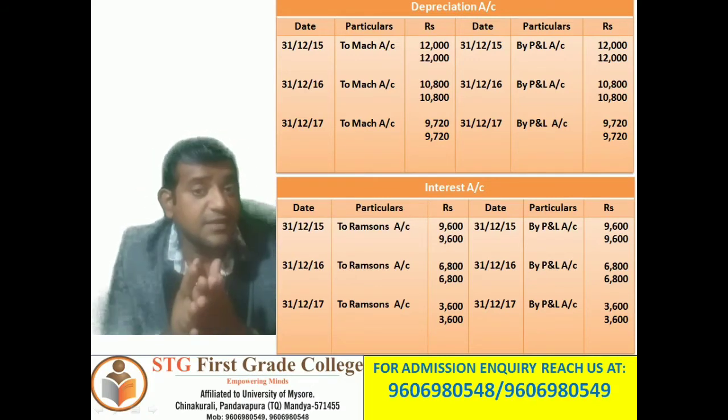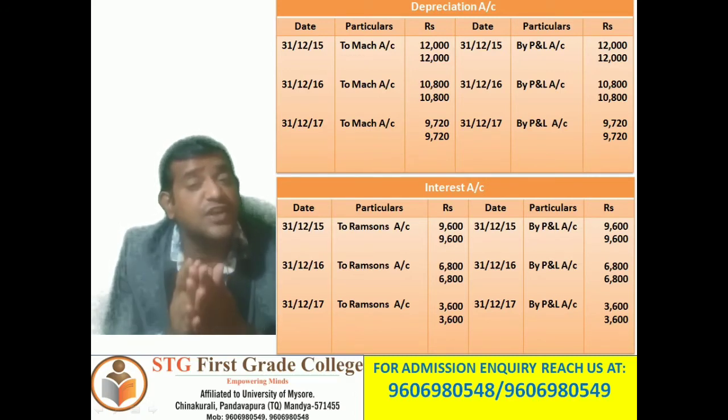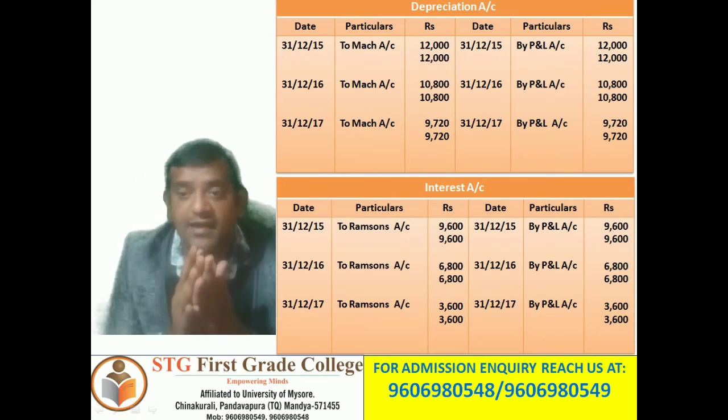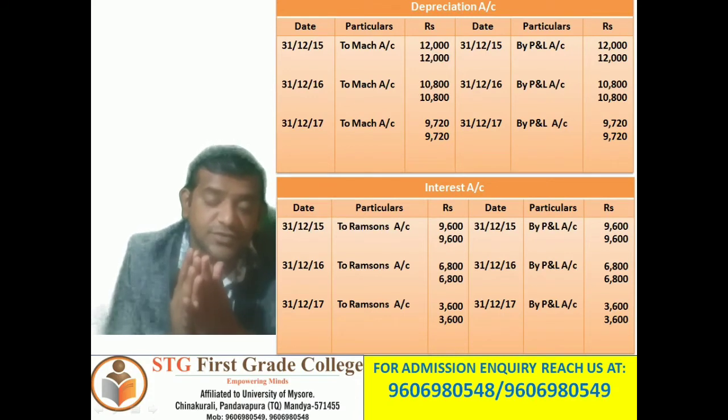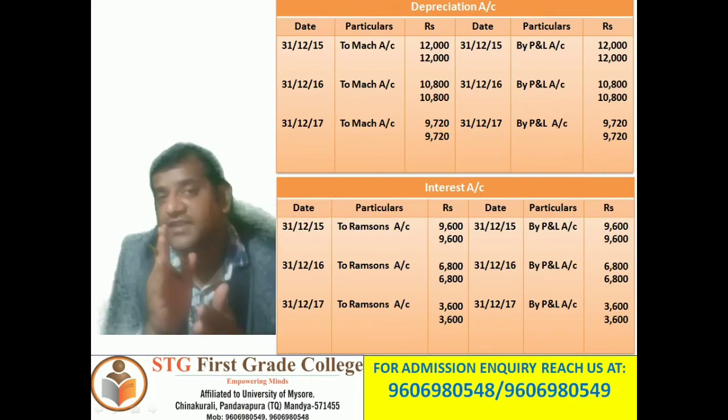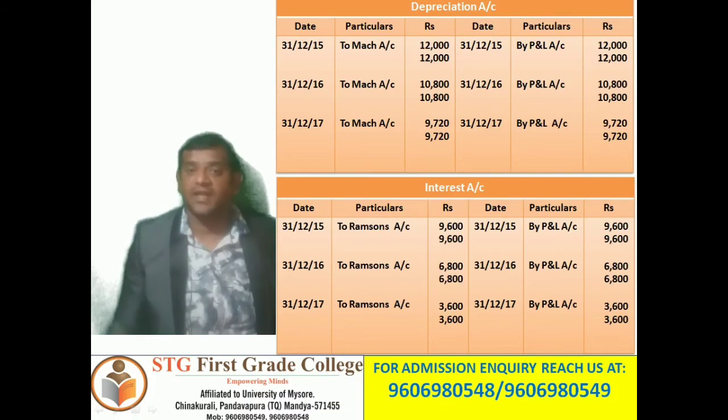The same way last, that is third year, 31st 12 2017, to machinery account, 9,720. 31st 12 2017, by P&L account, 9,720. So here we have charged the depreciation, and that charged depreciation is transferred to P&L account.